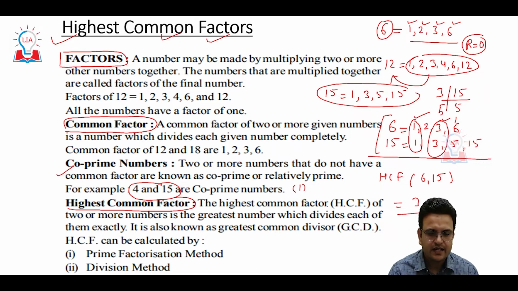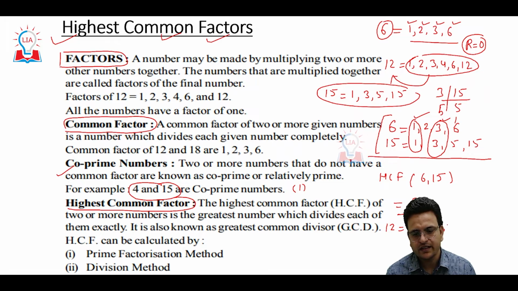We can take one more example. Consider 12. 12 has factors 1, 2, 3, 4, 6 and 12. And 18 has factors 1, 2, 3, 6, 9 and 18.